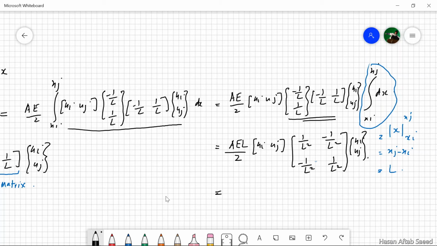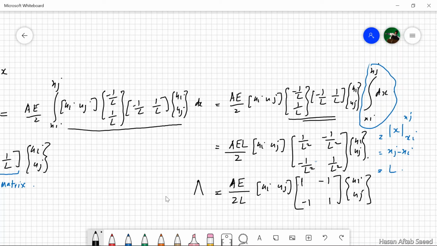Now these L's in the denominator, we have L squares. So if you take them out, we are left with this. This is the expression for strain energy.